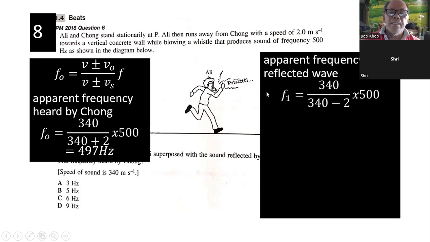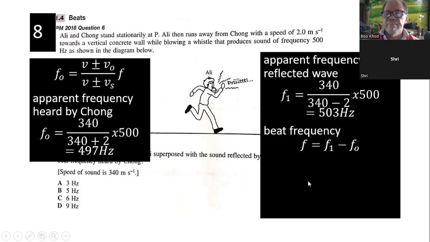Here the source is moving towards the wall, that's why we subtract. It's moving away from Chong, but it's moving towards the wall. So that's why we subtract here. Get 503 and subtract to get the beat frequency. Right? It's always a positive value. The answer is C.